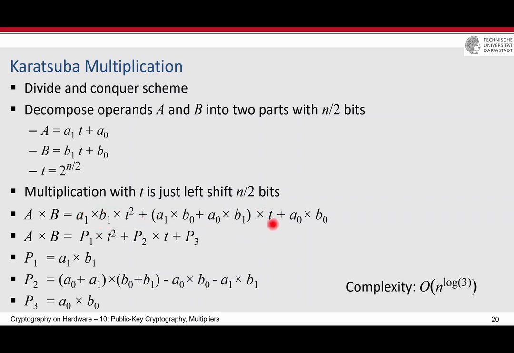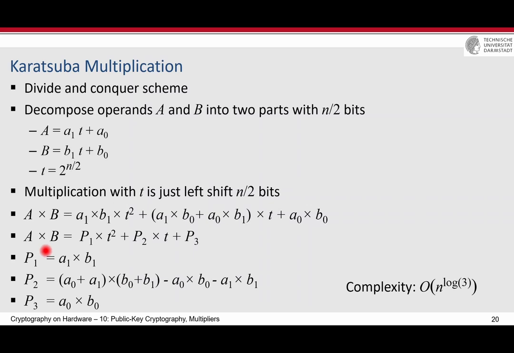And you know that this is just shifting. You don't need to multiply by T, just shift n/2 bits, and here shift completely n bits. Then if you have a multiplier which works with n/2 bits, you can use this module here.